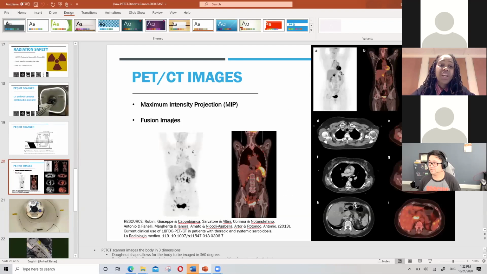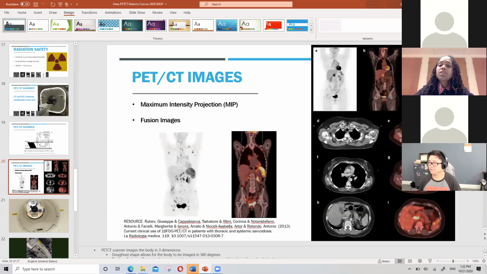Finally, when we get these PET-CT images, we create two different kinds of images. We have the maximum intensity projection, which are these gray and white images where we see the uptake of the FDG in the body. And then we do these fusion images.